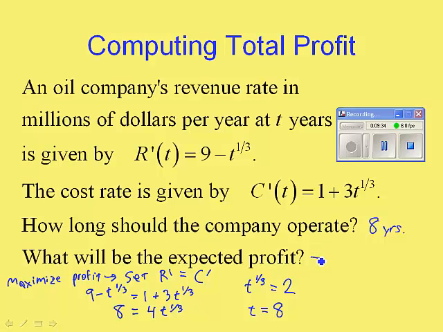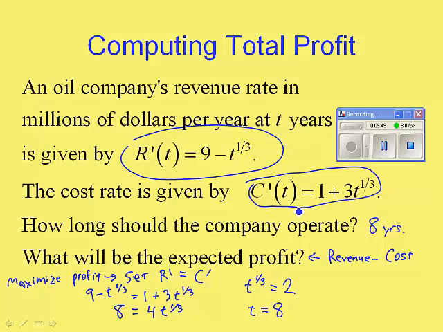Your idea is we need revenue minus cost, and what I'm given is R prime. So I could integrate this, integrate this, and then subtract, and you get it, and you're right. Okay? What do you think our book does with this problem? Let's make it one integral.